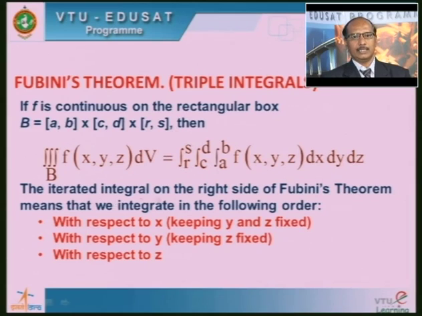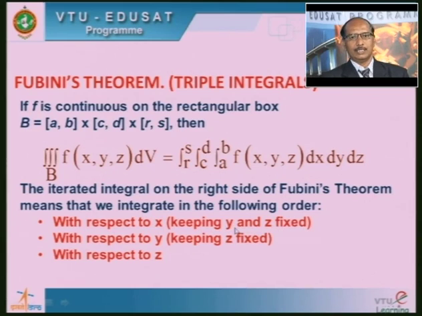For the iterated integral on the right hand side of Fubini's theorem, we integrate in the following order. For the inner integral with respect to x, we keep the other two variables, y and z, fixed or constant. After integrating with respect to x, the result is a function of y and z.